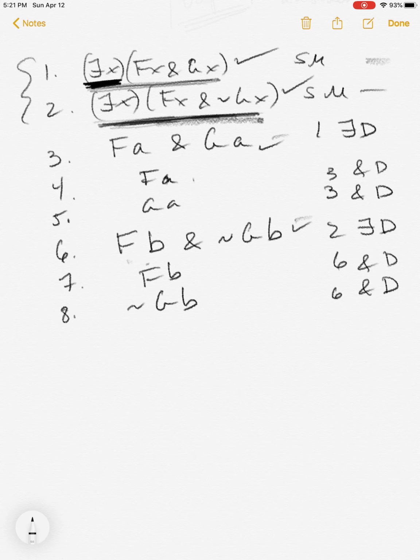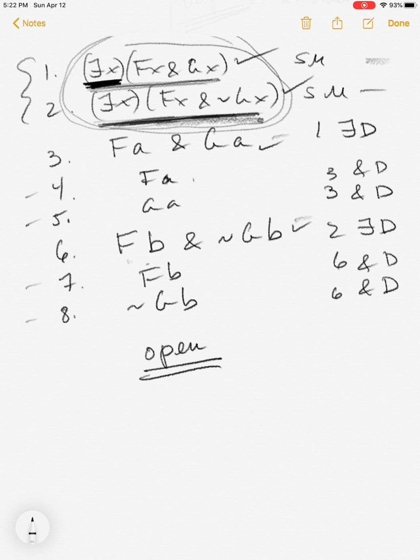Line 4 is a literal, line 5 is a literal, line 7 is a literal, and line 8 is a literal. So this tree is open, which doesn't surprise us because we fully expected a tree for these sentences to be open, because we know that this is a quantificationally consistent set. Okay, so we got the right answer here.